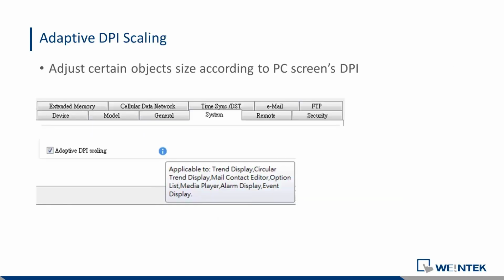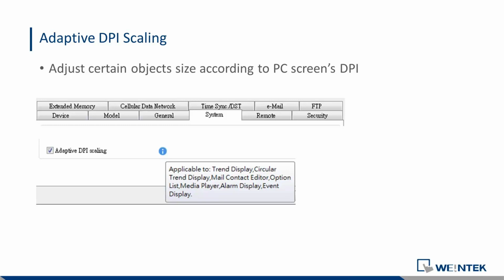All right, and another one is that starting from this version, we support adaptive DPI scaling. You can adjust certain object sizes according to your PC screen's DPI, right? So if you open this EasyBuilder Pro project on different PC screens with different DPI settings, you can go to the system setting, and you will find the adaptive DPI scaling under the system tab here, right?